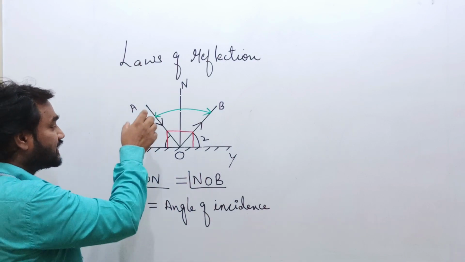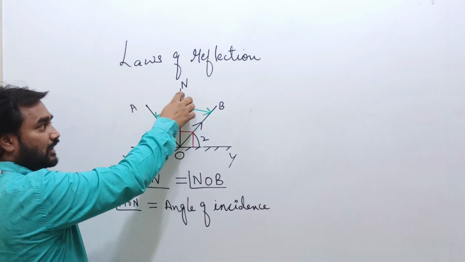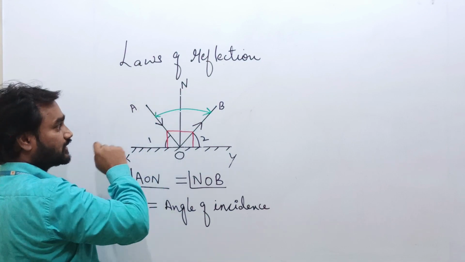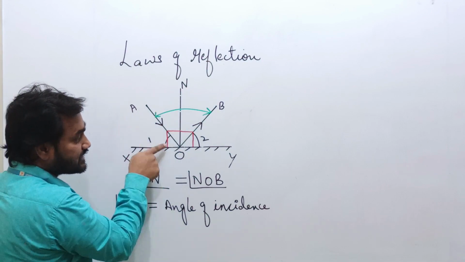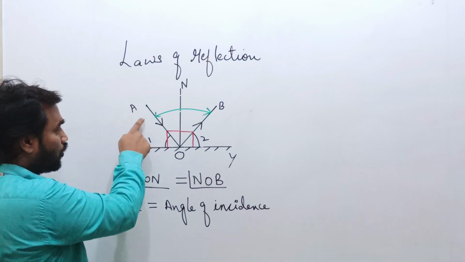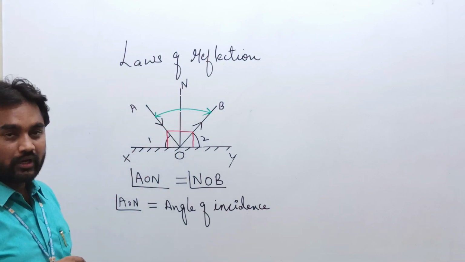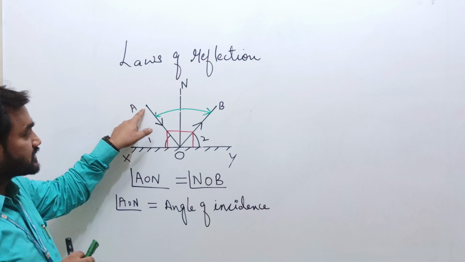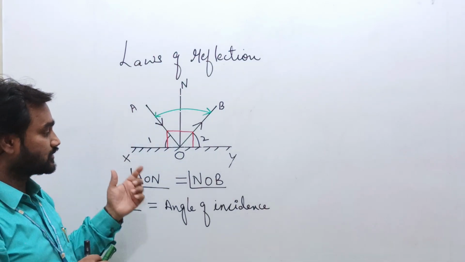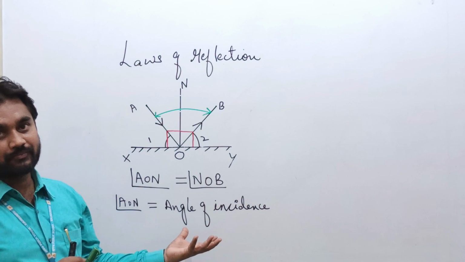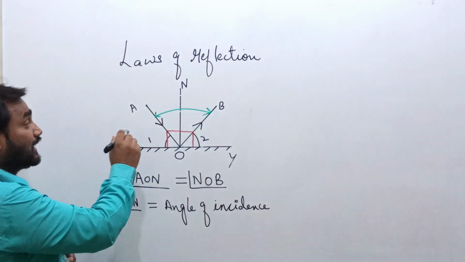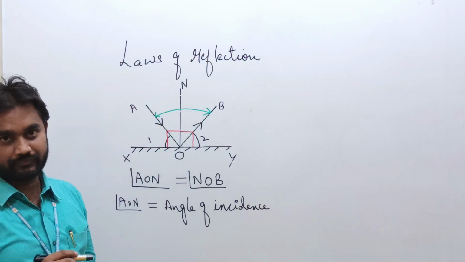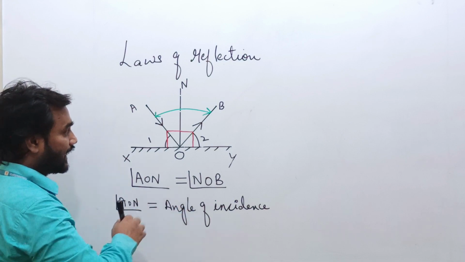The angle of incidence AON is the angle between the incident ray AO and the normal NO. So in general, the angle of incidence is the angle formed between the incident ray and the normal.